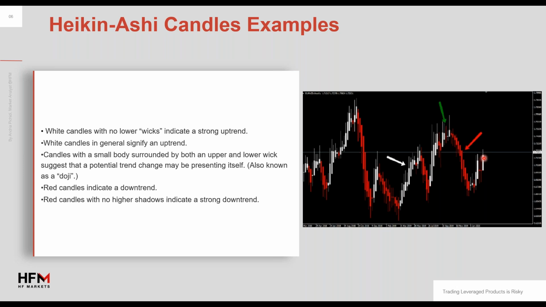You might see a descending triangle, an ascending triangle, or a symmetrical triangle with the Heikin Ashi. So it's the exact same way. You can still spot some important patterns with Heikin Ashi. It's the same thing, okay?